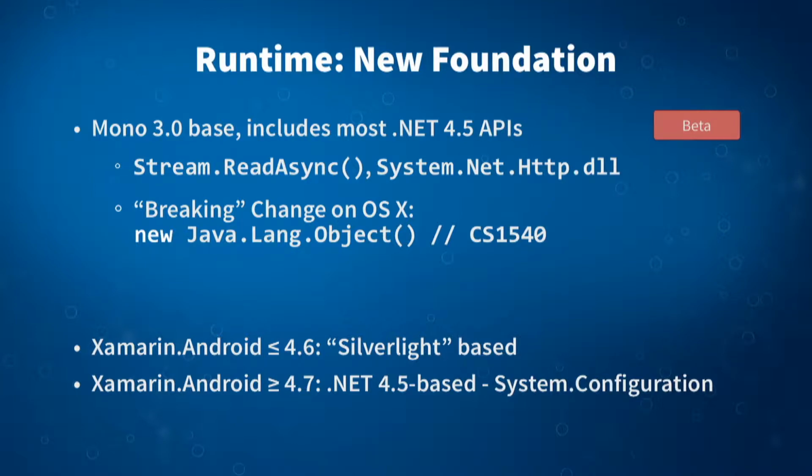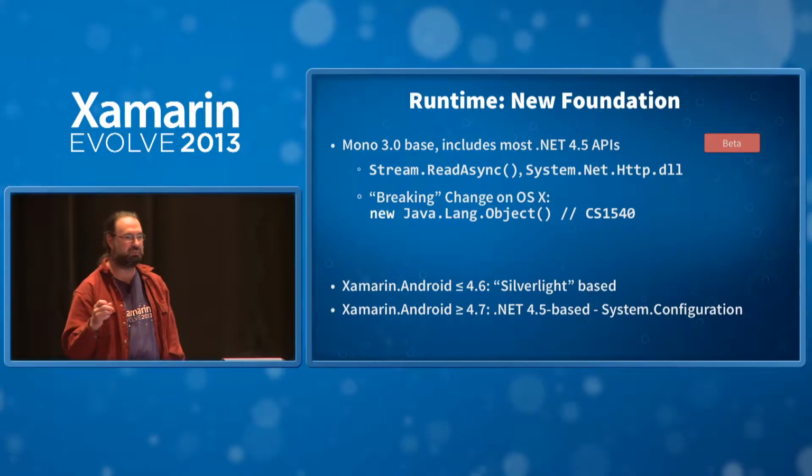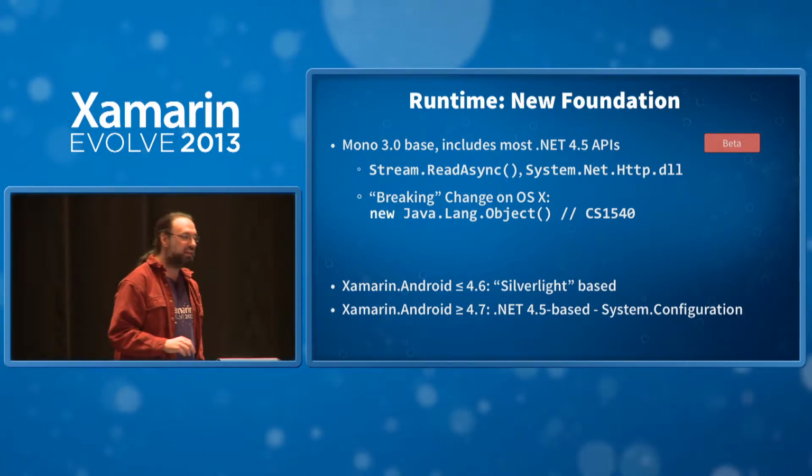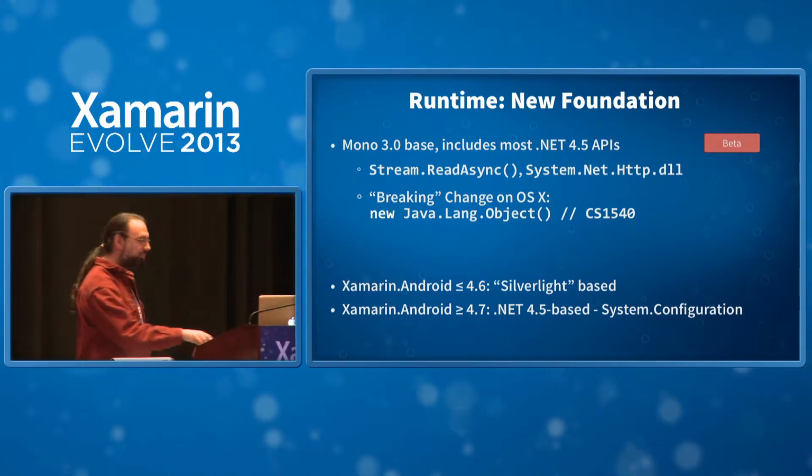And for our new beta that we announced today, we are rebasing on Mono 3.0, which fixes a number of bugs in the GC. It fixes a number of bugs in the class library. If any of you have dealt with the socket type before, we used to have methods that would throw not implemented exception, and now many of those are actually implemented.